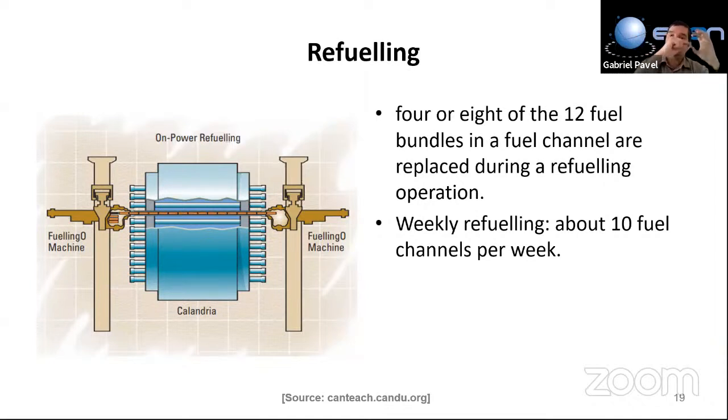One pushes in fresh fuel while the other retrieves the depleted fuel. Weekly, about 10 fuel channels are refueled with fresh fuel.